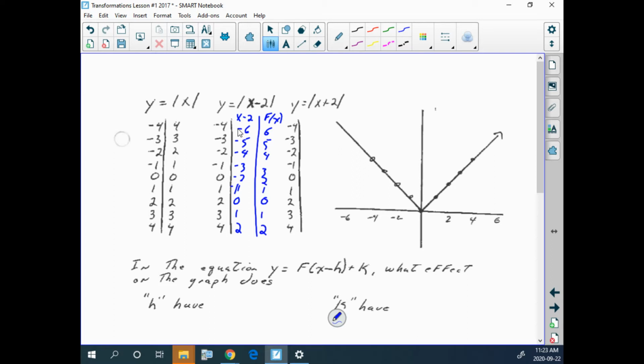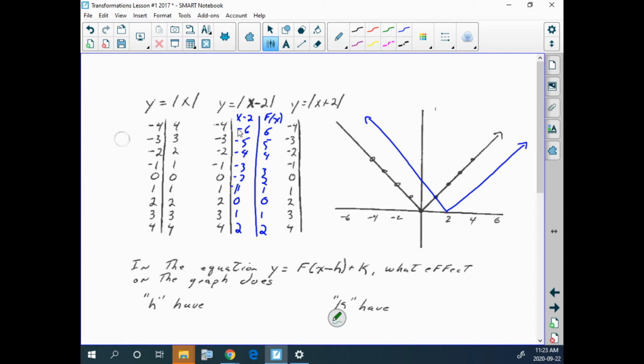When we plot this on the graph, we have a graph that looks like that. Here's what you think about. To get the same value, 0, for this one, if I subtract 2 from that number, I have to be 2 bigger to get that value out of my function.